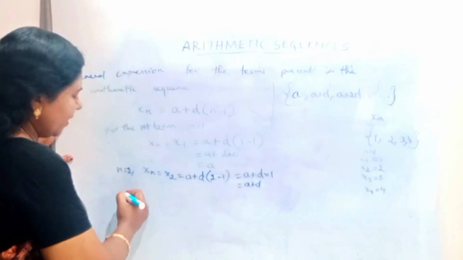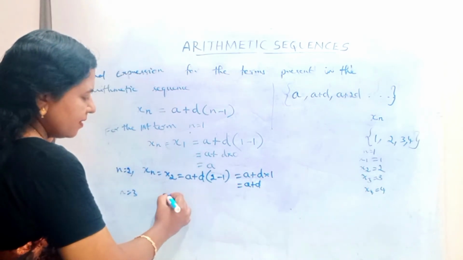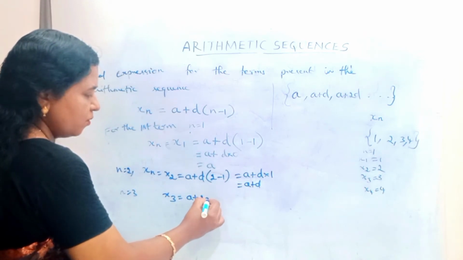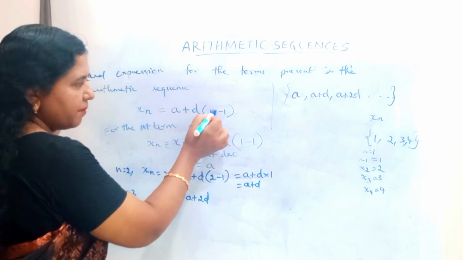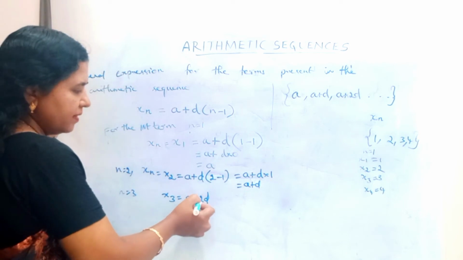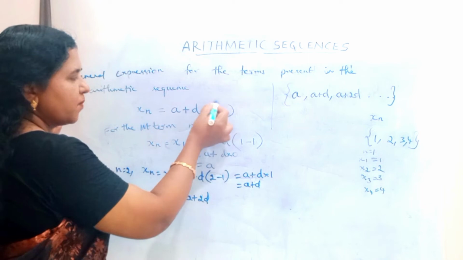Similarly, for n equal to 3, if we do it in the same way, we get x3 equal to a plus 2d, since n is 3 and 3 minus 1 is 2. In order to bring out this variation, we have used n minus 1 here.